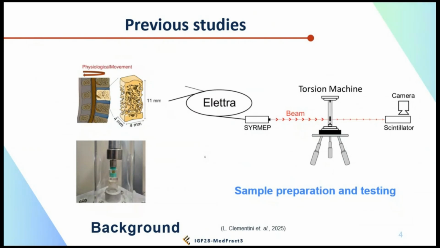All the samples were twisted up to 10 degrees, applied in steps of 1 degree. The rotation rate was set to 1.8 degrees per second, and 30 seconds relaxation between steps were applied. And the samples were scanned by the synchrotron at each step after a relaxation.